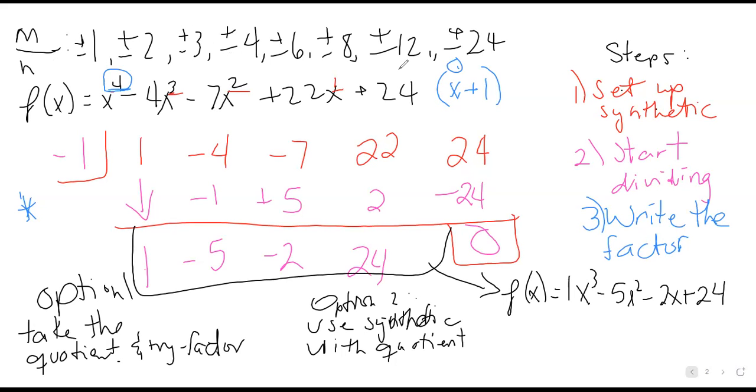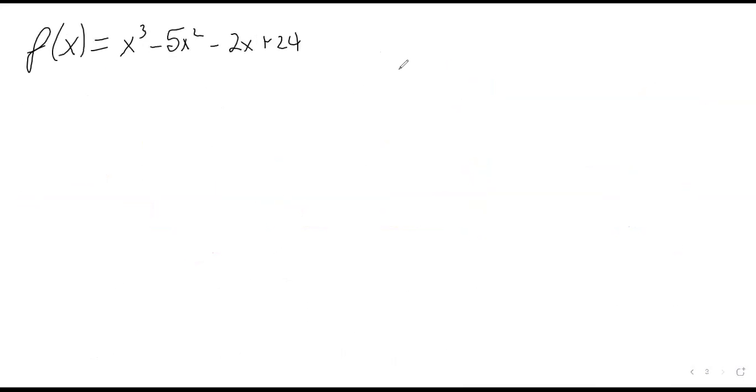So now I get to rewrite it: x cubed minus 5x squared minus 2x plus 24. That's what it was, right? Yeah, plus 24. And then again, if I did the rational zero theorem using this new polynomial, conveniently, I would still only need the factors of 24, right?